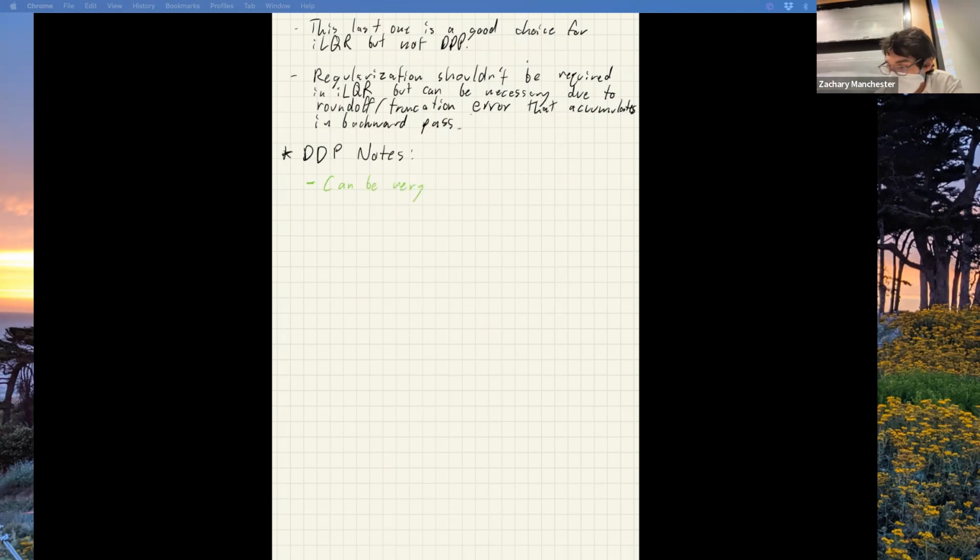So if you write a good implementation, it can be really good. And often these are the methods of choice for online real-time applications for that reason, and for one more reason we'll talk about in a sec. Okay, so it's very efficient.